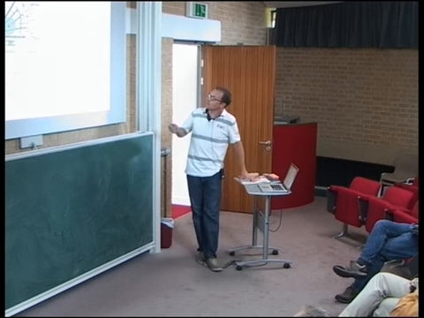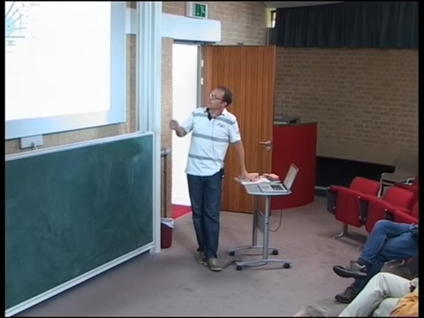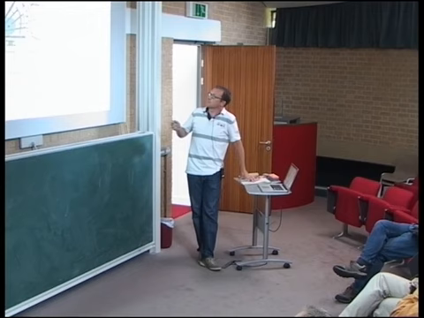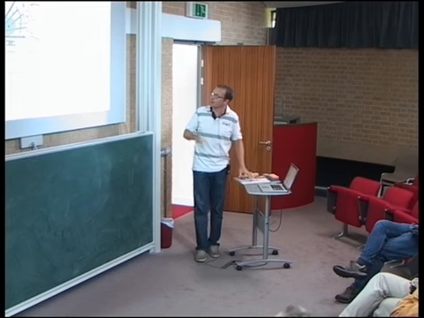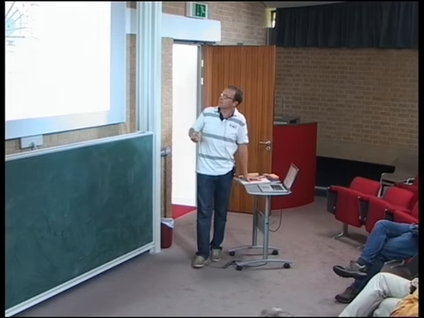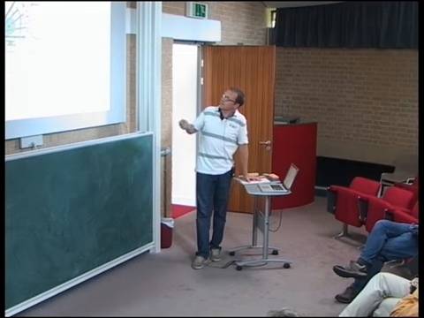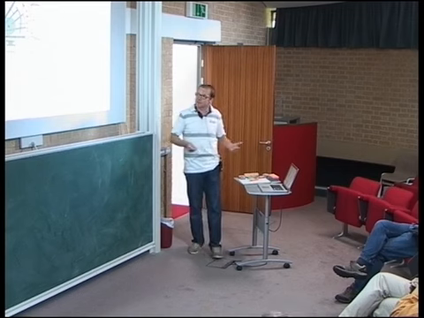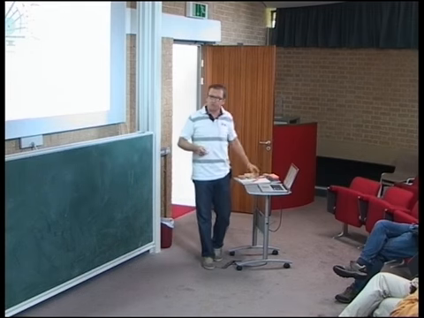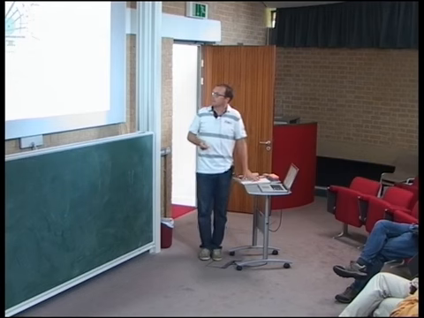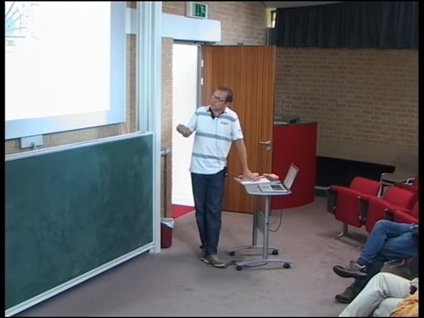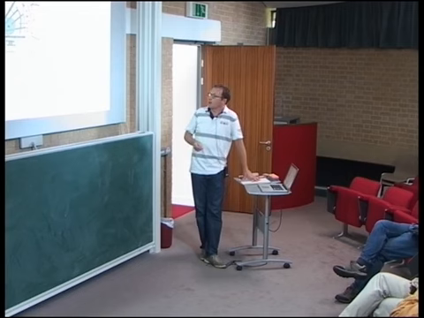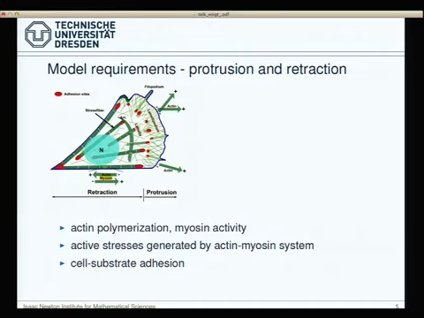So this is going on in what is called the lamellipodium, and there are also some other mechanisms forming the filopodium here, some more needle-like shapes, but however I will not consider this in my model. And then there's the cell rear where we have these stress fibers, and there's some activity due to myosin, and this leads to the retraction force. And there's some active stress generated within the cell by this actin-myosin system. So we need to consider this in some way.